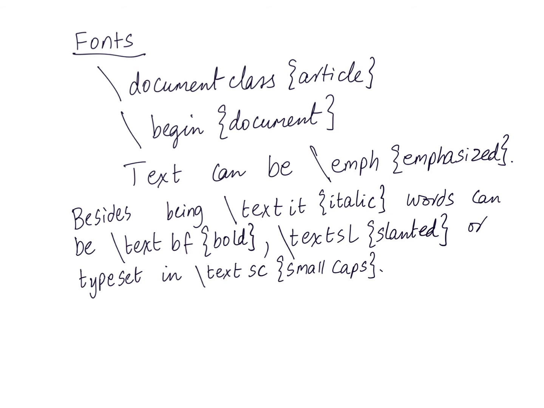Now if I want to add more things to it, like a nested italic bold, then I've got to do the italic first, and then the bold, and then the word. Okay? So let's see how that would write.